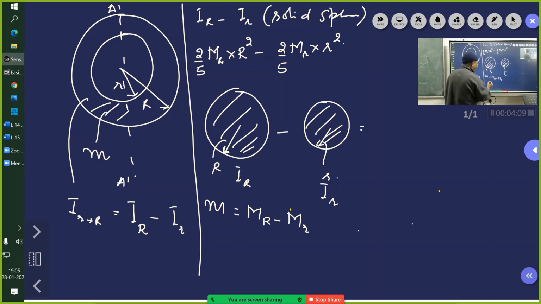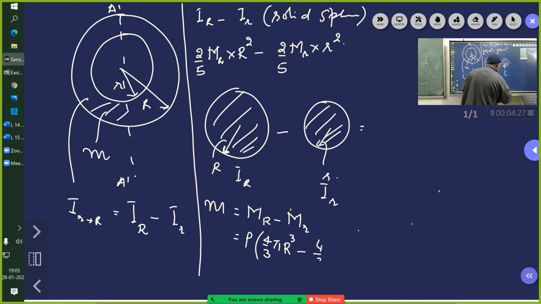So we can straight away take the density here to be rho, and for this M, rho into the volume, 4 by 3 pi R cube minus 4 by 3 pi r cube. So rho into this will give M_R, rho into this will give M_r. Clear? That should make our life simple.